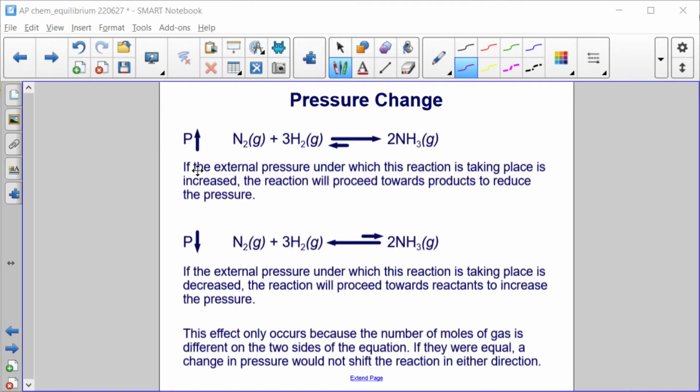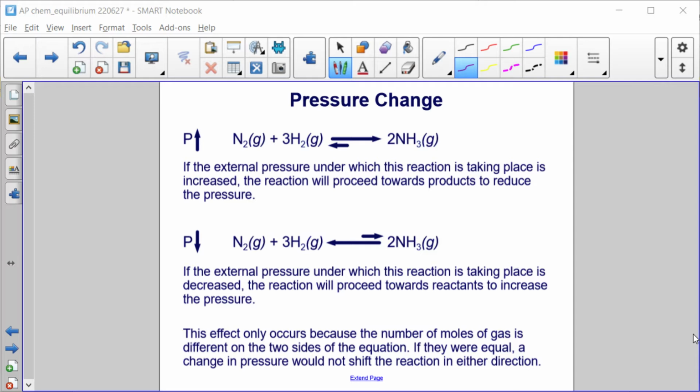So, if the external pressure under which this reaction is taking place is increased, the reaction will proceed toward the products, toward the side with fewer moles, to reduce the pressure. If the external pressure is decreased, the reaction will proceed toward the reactants, the side with more moles, to increase the pressure.